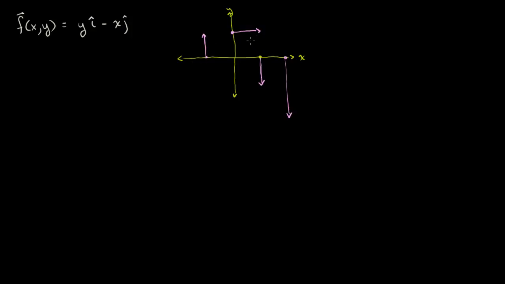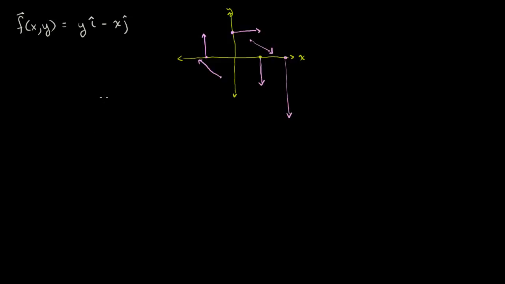If you go to this point right here, the vector is going to look like that. I think you get the general idea. I could keep filling in the space for this entire field all over, just to make it symmetric. If I was right over here, the vector is going to look like that. You get the idea. I could just fill in all of the points if I had to.